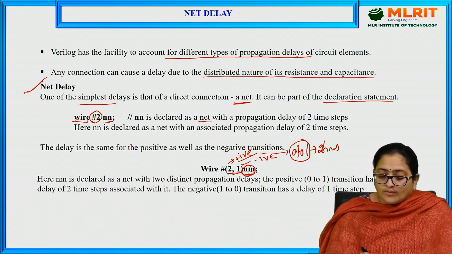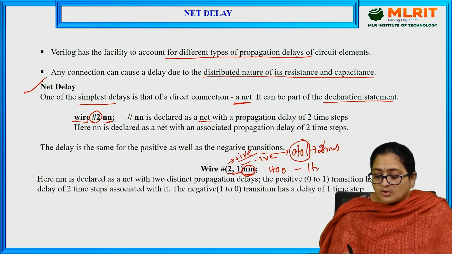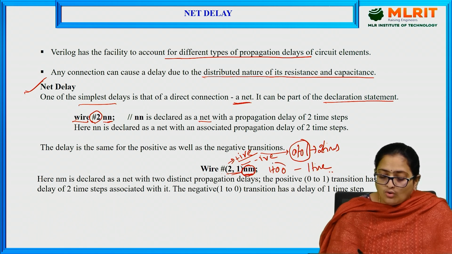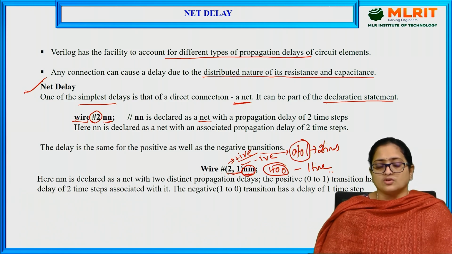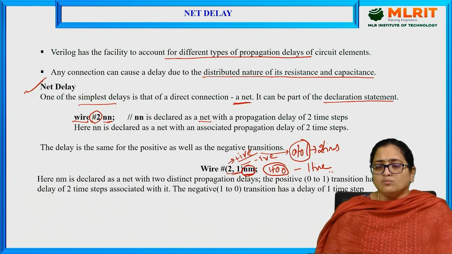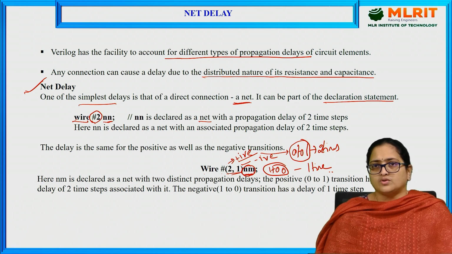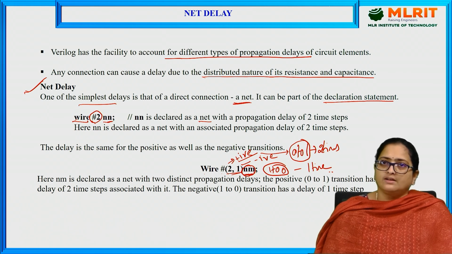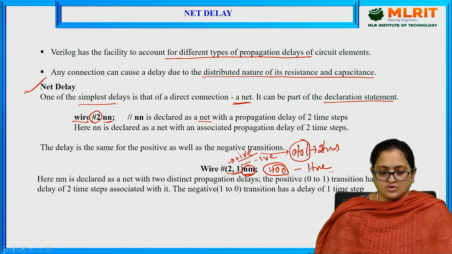And when NM is changing from 1 to 0, it takes 1 time interval of delay, and changing of this value from 1 to 0 is nothing but a negative transition. So, the first delay which I am speaking about here is net delay, which can be declared either as a single delay for both the positive and negative transition, or you can declare different delays for positive and negative transitions.